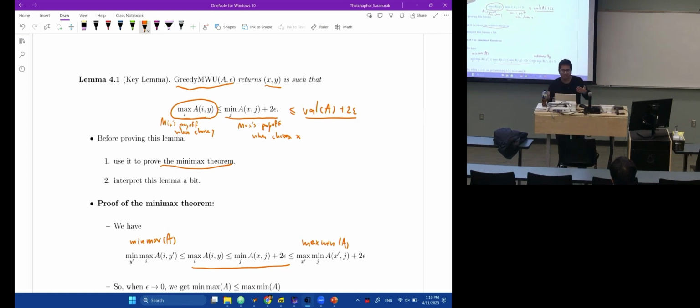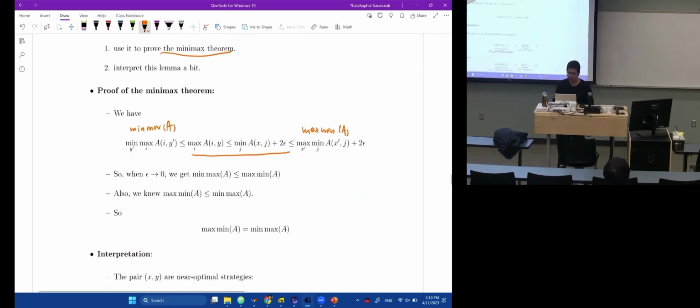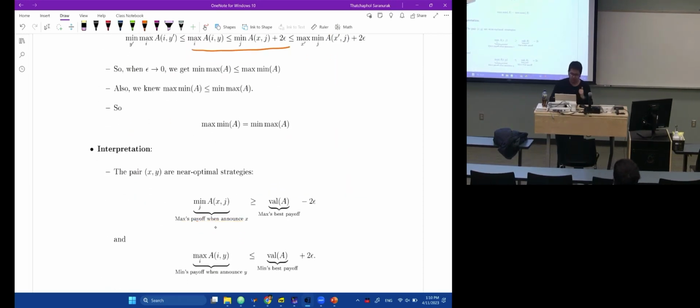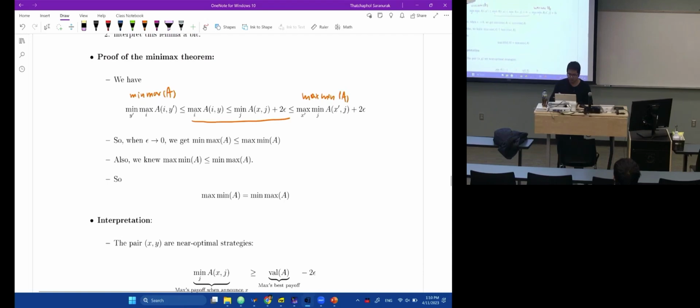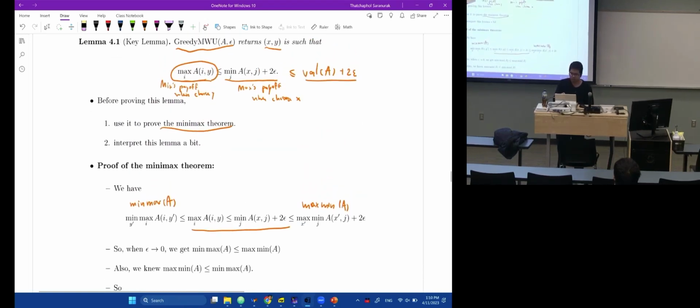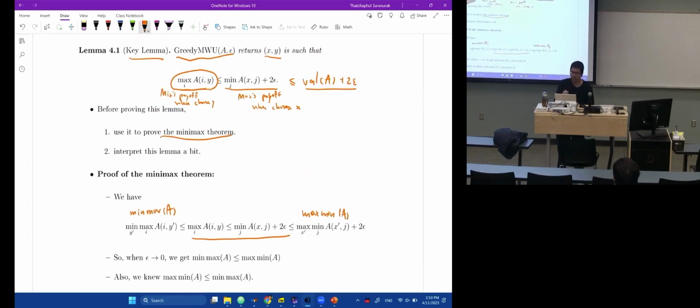So even when min announces first, there's no way that max can gain too much advantage, because this thing is still bounded by the value of the game. So it's just some interpretation. You can look at this interpretation later, but let me try to prove this key lemma.